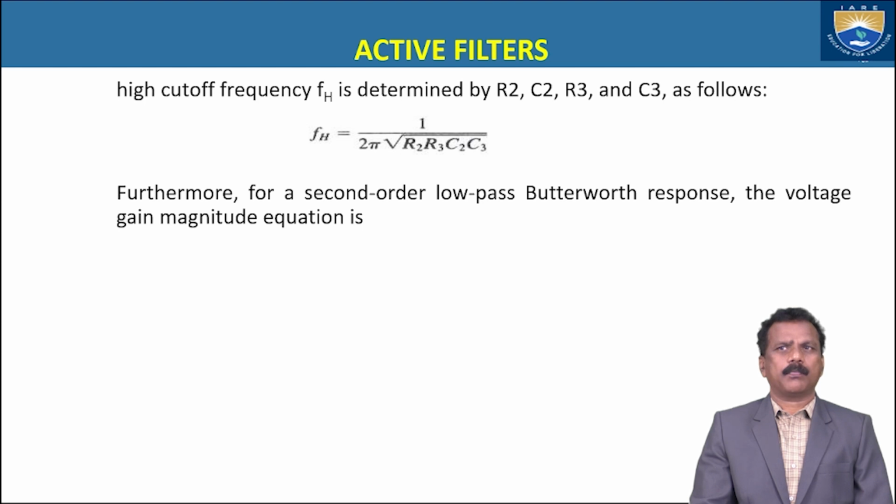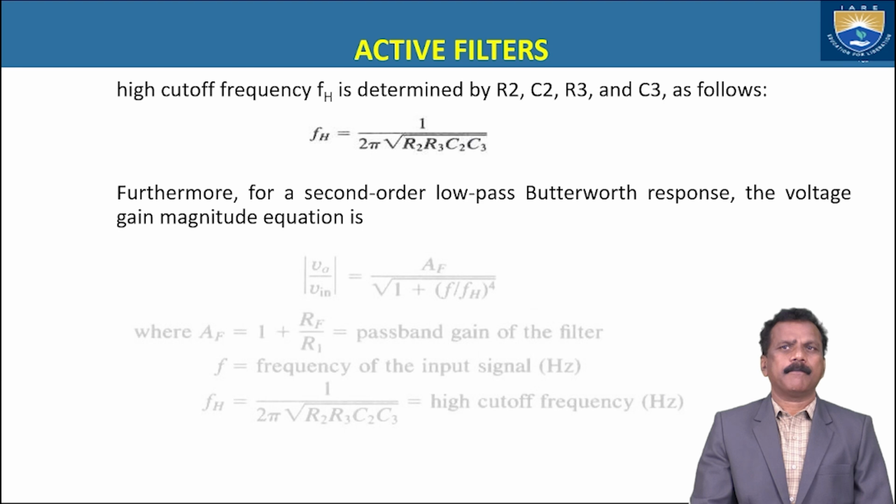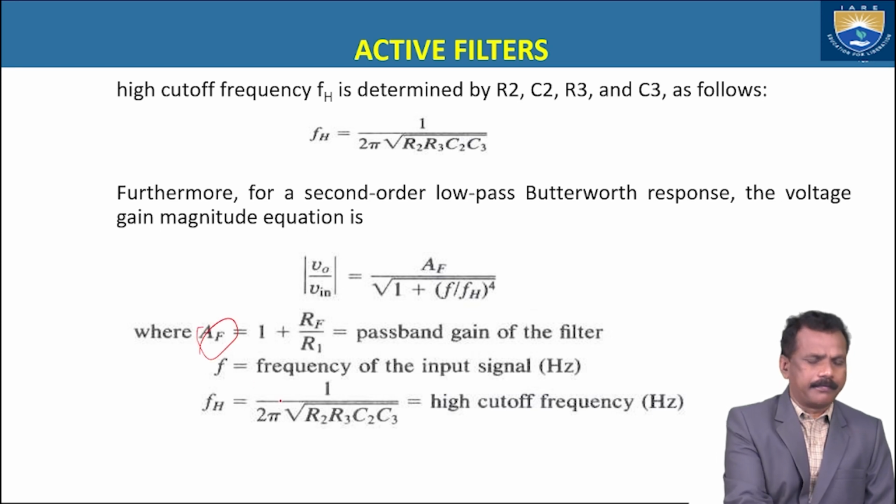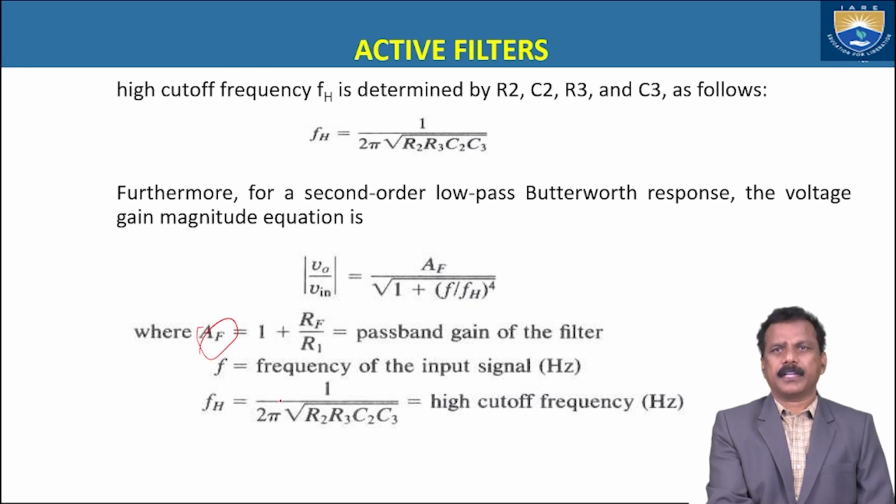For the second order low pass Butterworth response, the voltage gain magnitude equation is: output voltage by input voltage is equal to AF by square root of 1 plus (F by FH) whole power 4, where AF is equal to 1 plus RF by R1, the pass band gain of the filter.